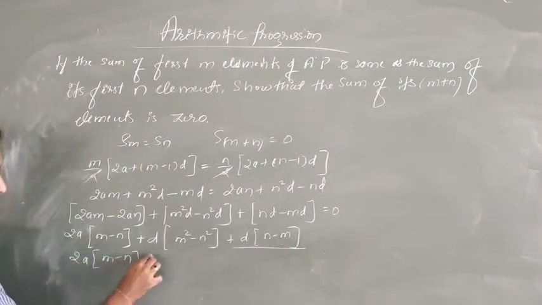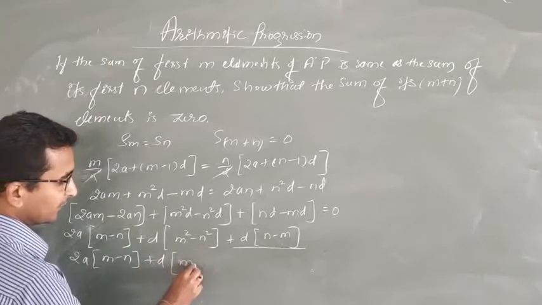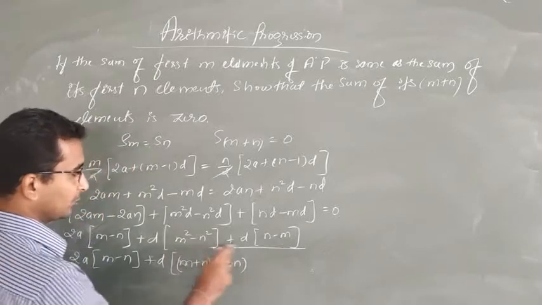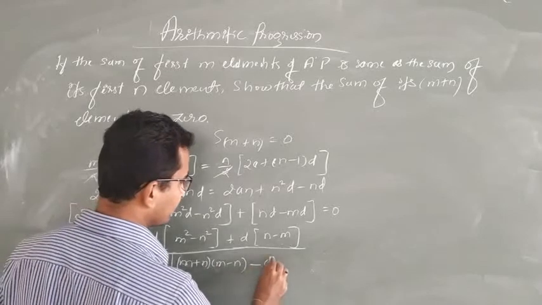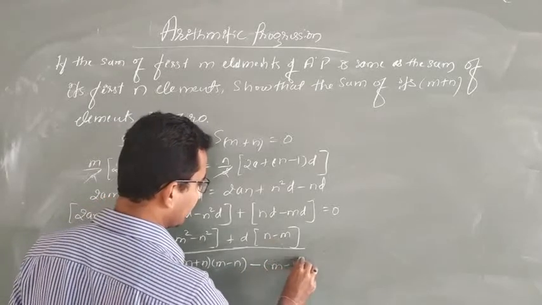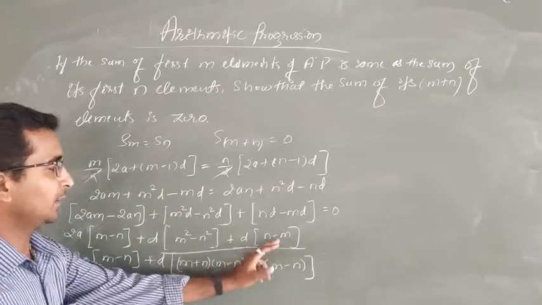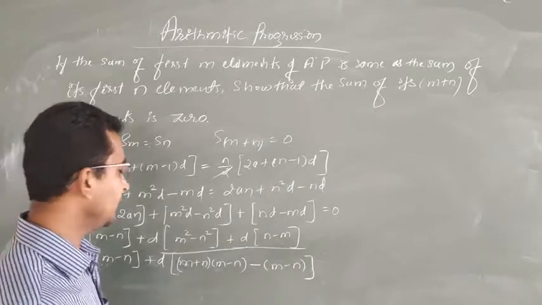This is m minus n, plus d into m square minus n square, which is m plus n into m minus n. So totally I take d outside, and here minus of m minus n. I have taken d as common, and interchanging this, plus becomes minus and minus becomes plus.